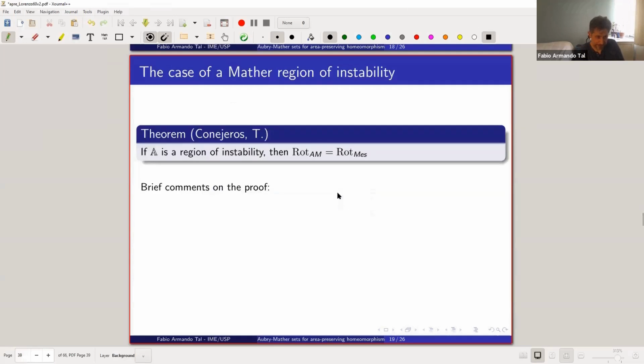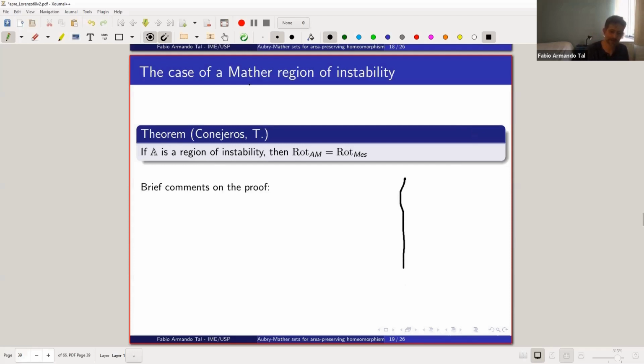Then one of the important results with Jonathan is that if I am in a region of instability, what you're going to find is that the rotation set for compact sets, the Aubry-Mather rotation set, is the same as the strong one. Let me say a little bit of why I'm trying to do this.